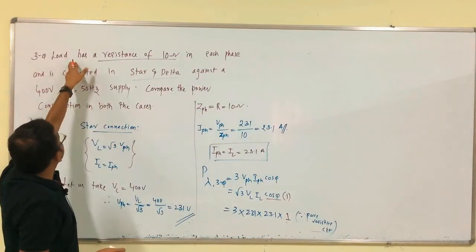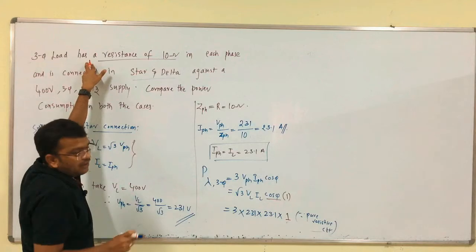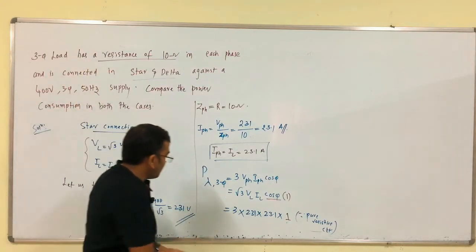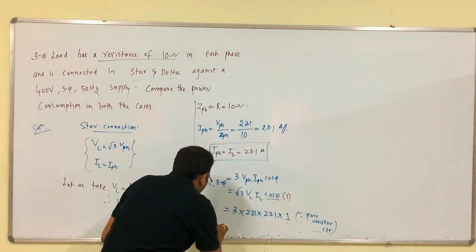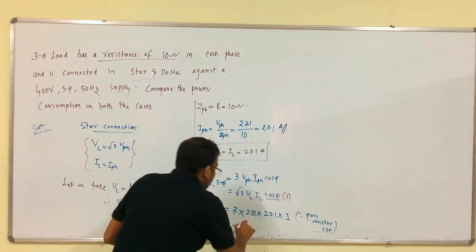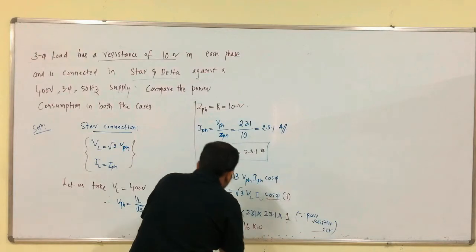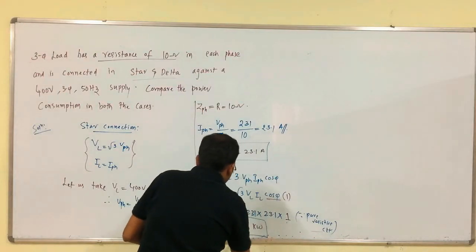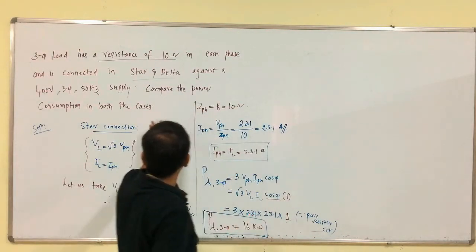So, from this, the power in a star connected 3-phase supply is 16 kilowatts. So, this is with respect to star connection.